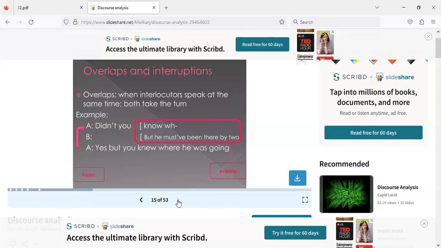When we converse and interact with others, it's not only the knowledge related to grammar, the linguistic knowledge. Apart from linguistic knowledge, there is something else which makes sense.